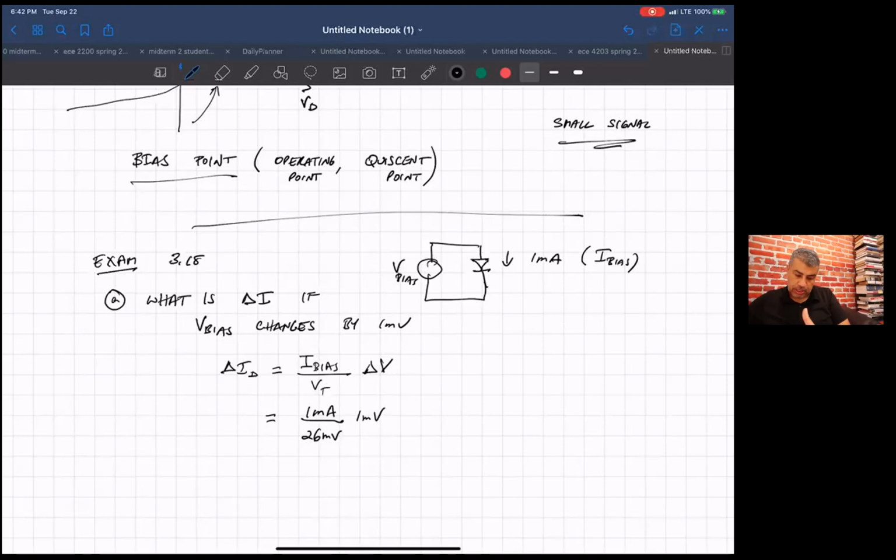Okay, and so this ends up being 38.4 microamps.